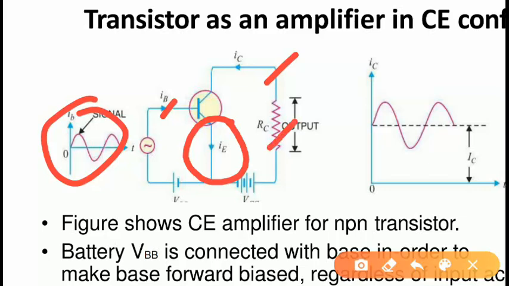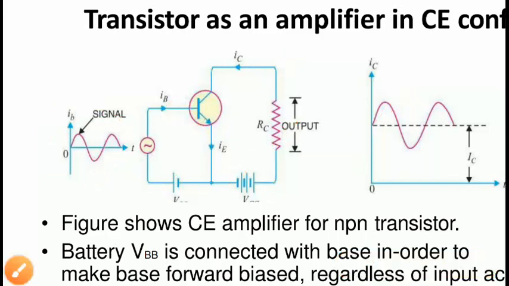So the first junction is forward biased and the second one is reverse biased. Clear? And the output current is shown in the diagram. This is the amplified signal of the input signal. Clear?